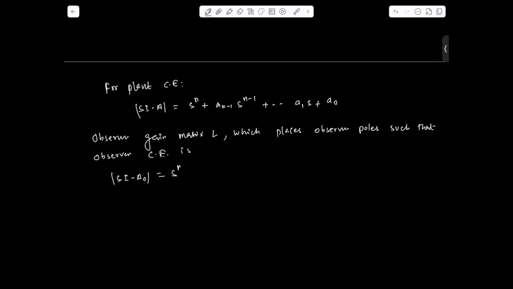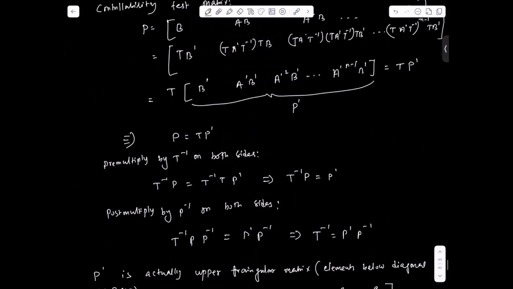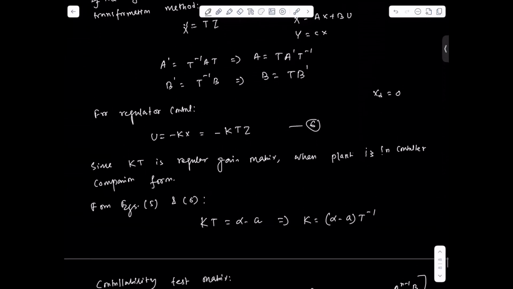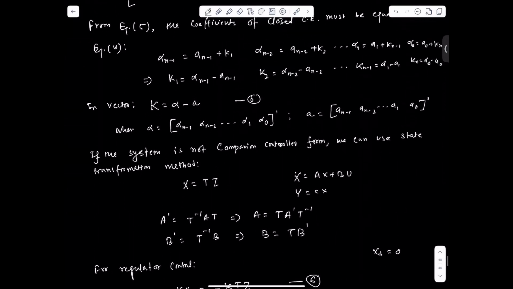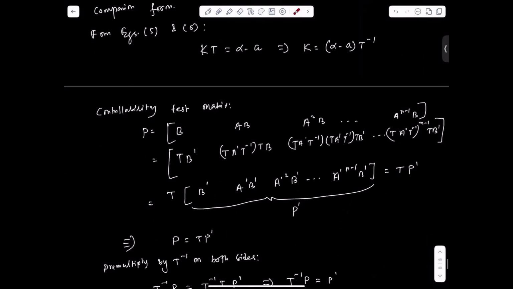So we can write s to the power n plus beta n minus 1 s to the n minus 1 plus dot dot dot beta 1 s plus beta naught. And the observer gain matrix we can find. In the pole placement control design, we assumed the controller matrix in this form, right? We have already done that.